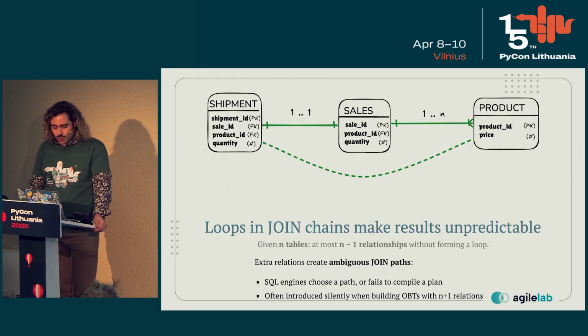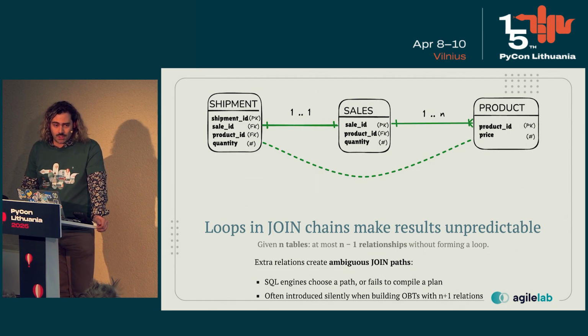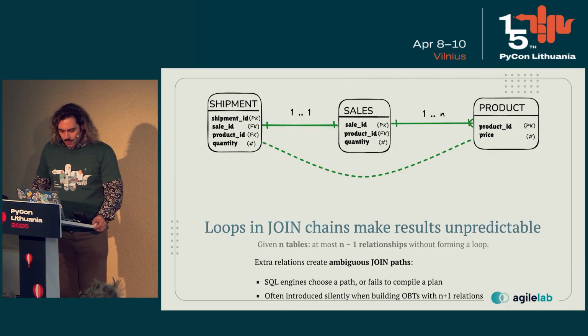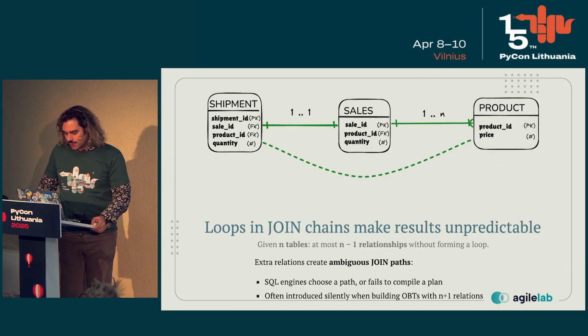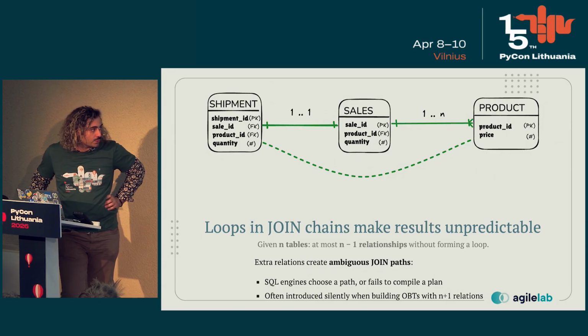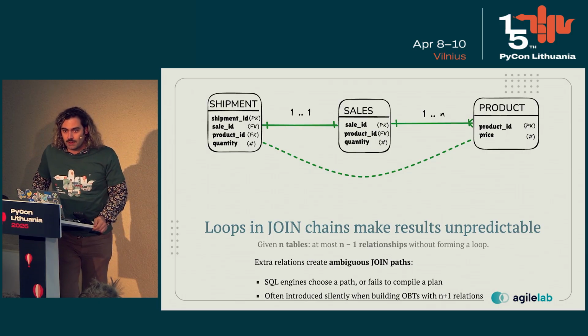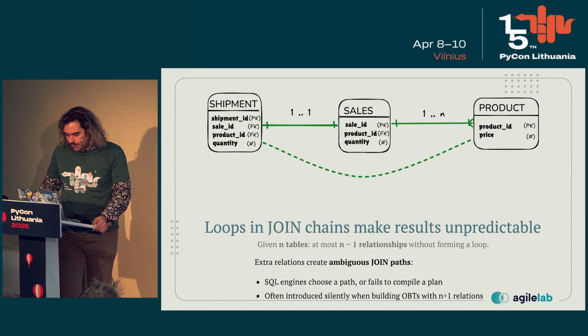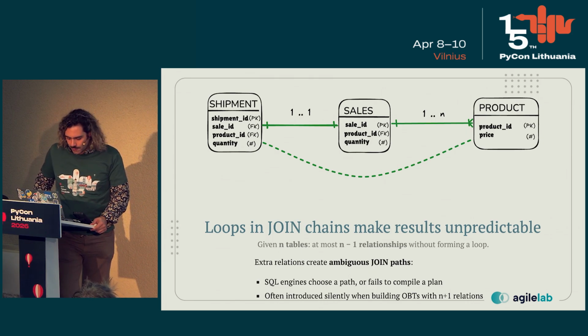This kind of join is tricky because you can have two different paths. You can use the two relationships of shipment to sales to product, or you can join the shipment directly to the product table. This ambiguity can lead to errors, and some SQL engines are not able to choose the correct path, which might be business dependent, or might as well fail to compile a query plan altogether.